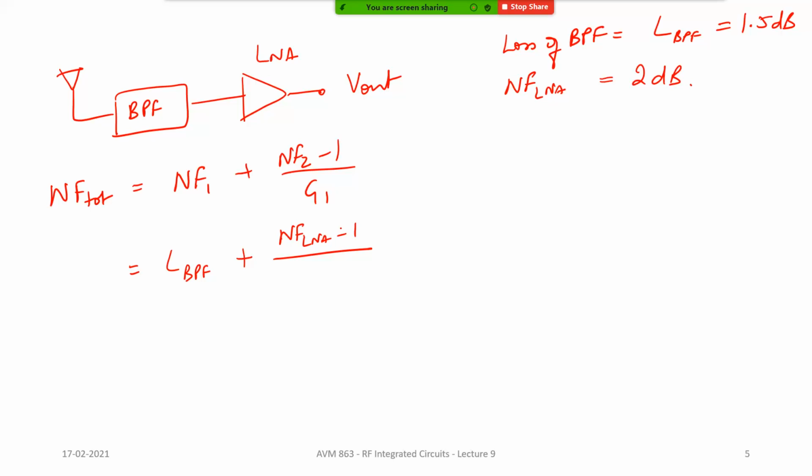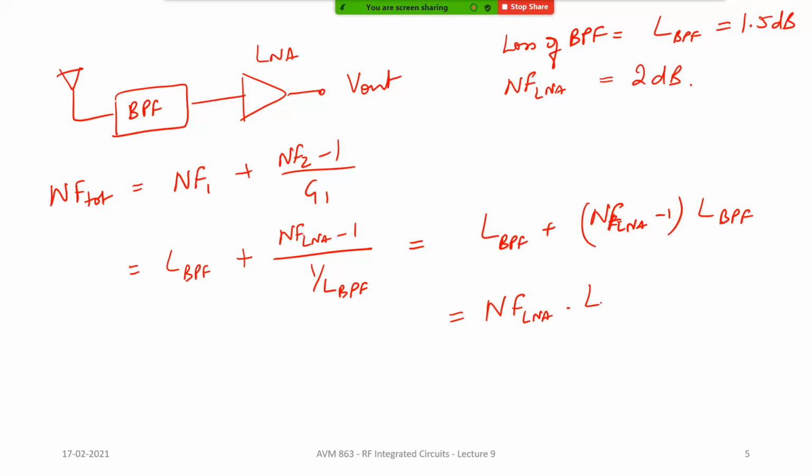So the gain is nothing but 1 by L_BPF. So this can be written as L_BPF plus (NF of LNA minus 1) times the loss of BPF. This minus 1 and this 1 will get cancelled, so you will basically get NF of LNA multiplied by the loss of BPF.